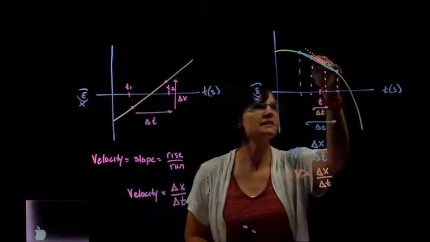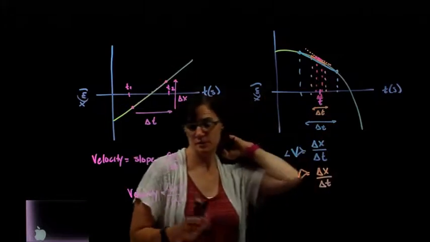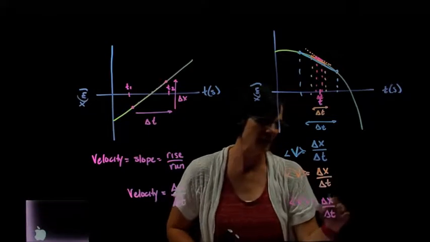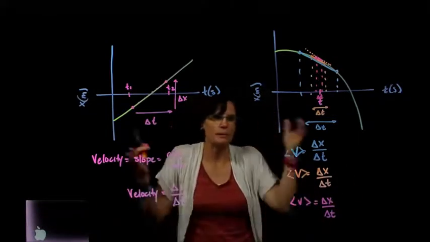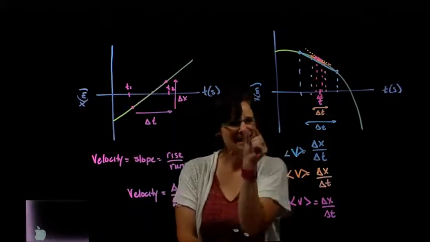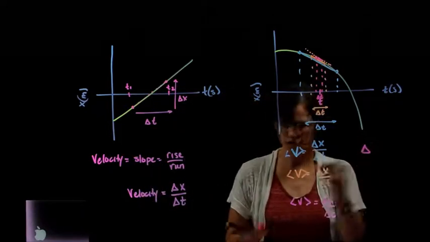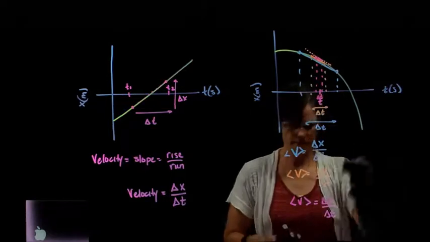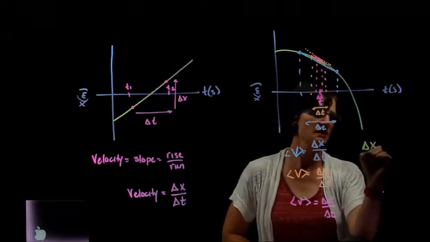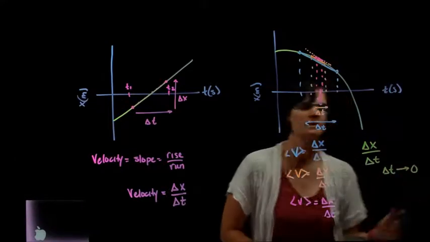And the pink one is between those two points in time. So what am I doing as I move from my blue estimate to my orange estimate to my pink estimate? I'm getting tinier and tinier points in time. I'm looking at the change in position over my change in time as my change in time goes to 0.